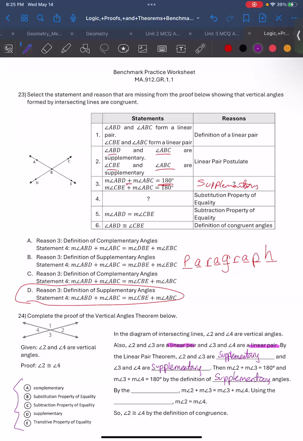The first three fill-in-the-blanks are all supplementary because they're all talking about the same thing.